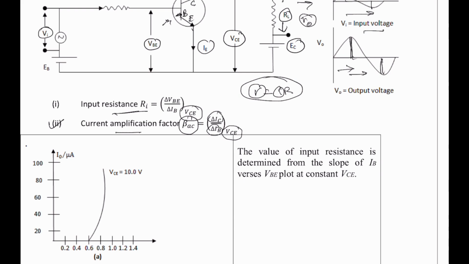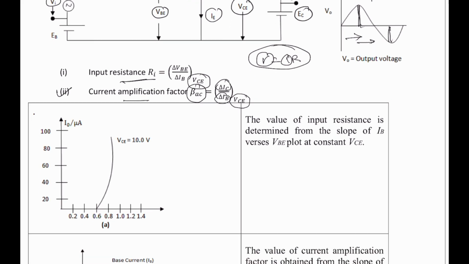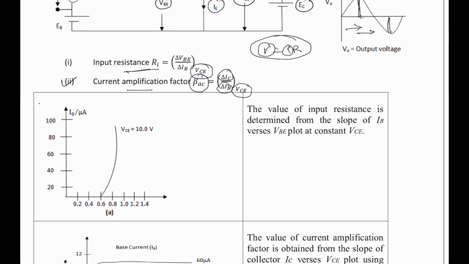Okay, so let's see the graph here, correct? So this is IB, and here, for a fixed collector emitter voltage, the value of input resistance is determined from the slope, the base current against the base emitter voltage.